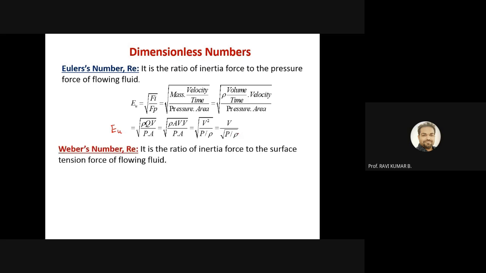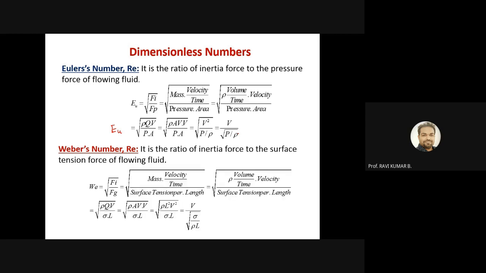Next one is Weber's number. It is the ratio of inertial force to the surface tension force of the flowing fluid. So under root always you will take into consideration. So Weber number is equal to under root Fi by Fs, surface tension force. So surface tension force is surface tension into length, length of the flow.